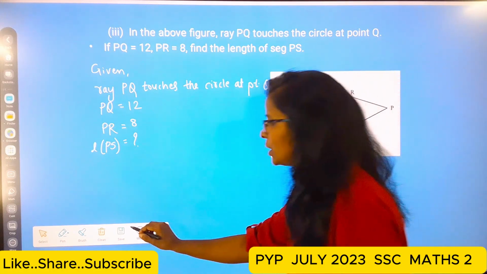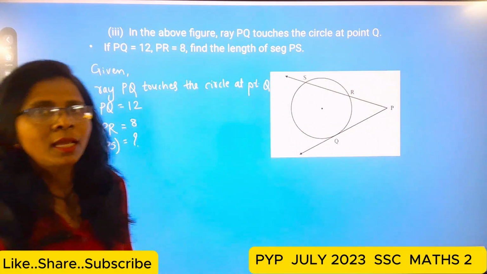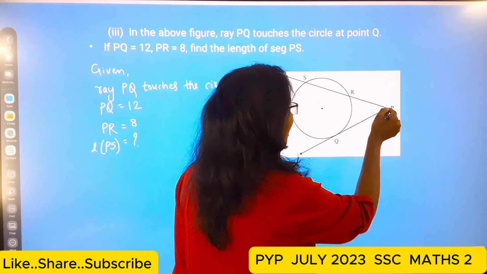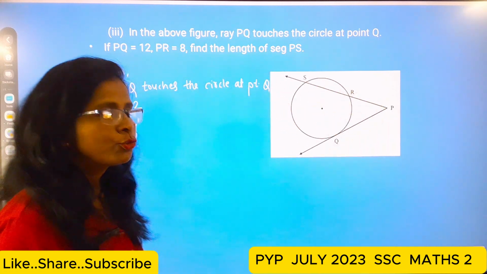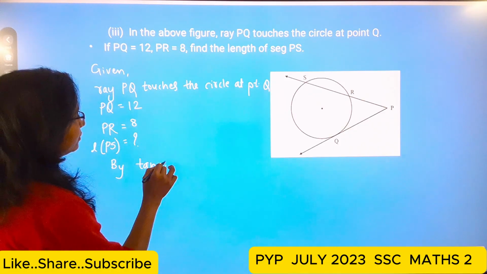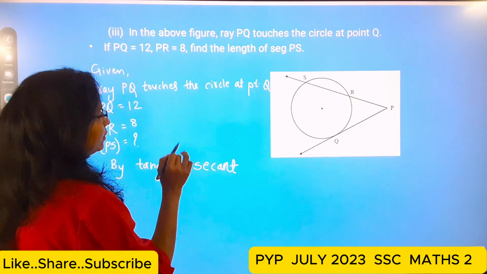So now, students, see that this is a figure of a circle, and this circle has a tangent and this is the secant. That means we write that by the tangent secant theorem.